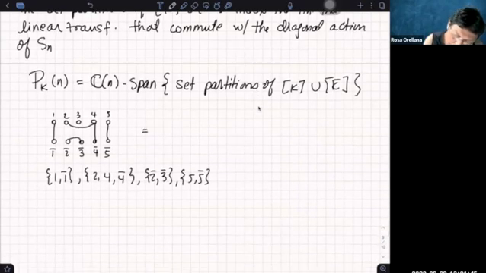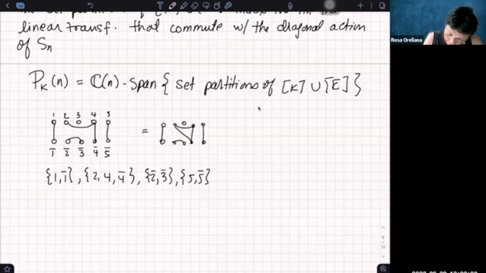And as an element in the algebra, it doesn't matter how you connect them or what graphs you use to connect them. You can use any graphs. For instance, here I'm using a triangle. All that matters is the connectivity.